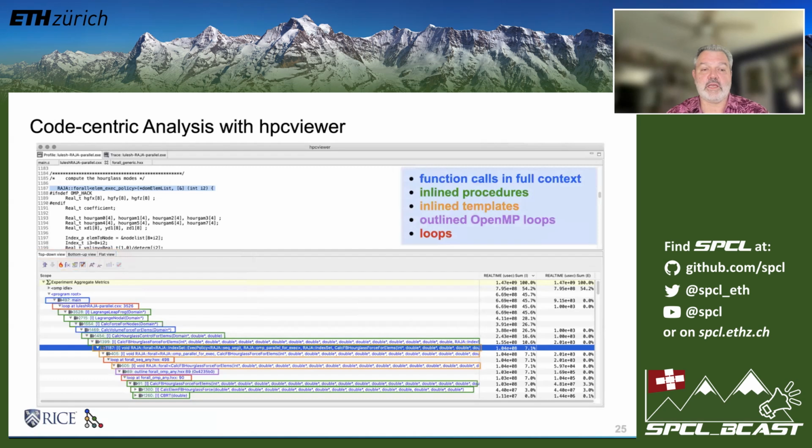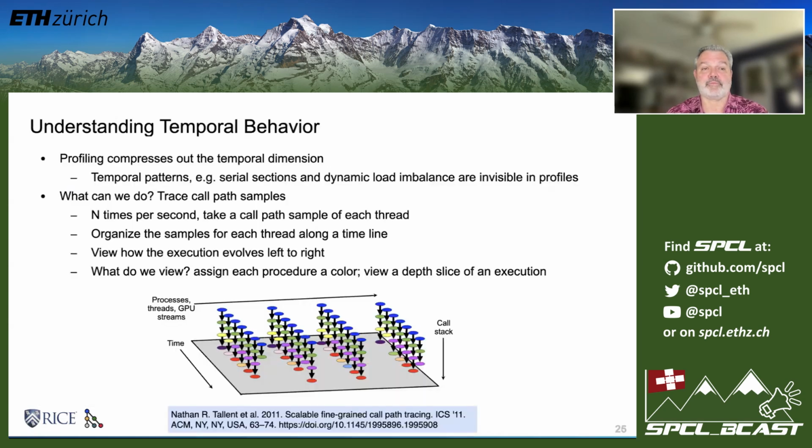The interesting thing here is that when we look at a calling context, we have the function calls in full calling context, inline procedures, inline templates, outlined OpenMP loops, and loops. So there's this interleaved, augmented context that is very rich, and this comes from combining the binary analysis results with the calling context that we dynamically measured during the execution.